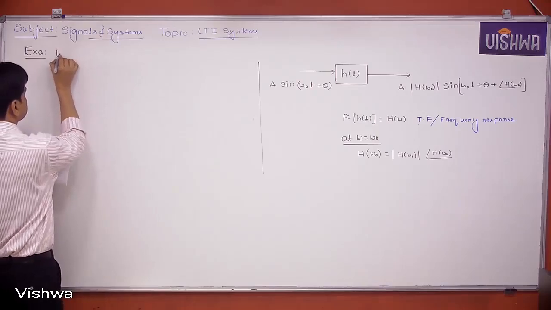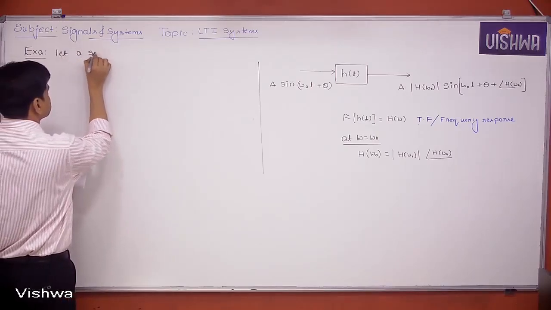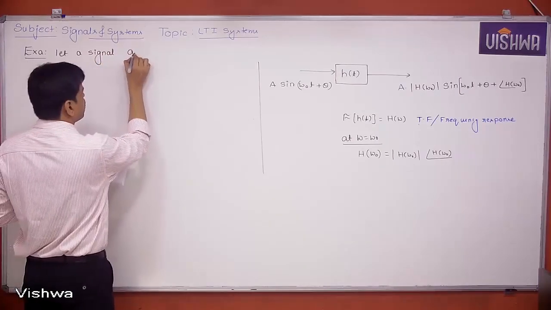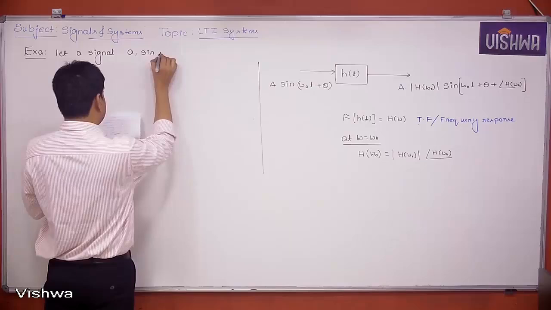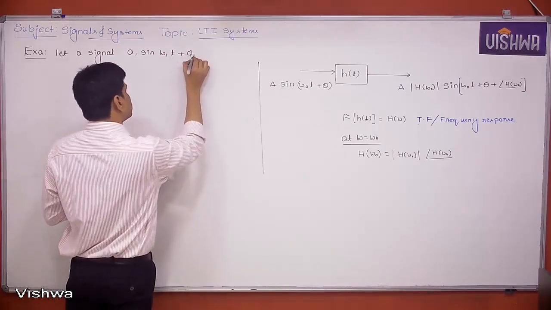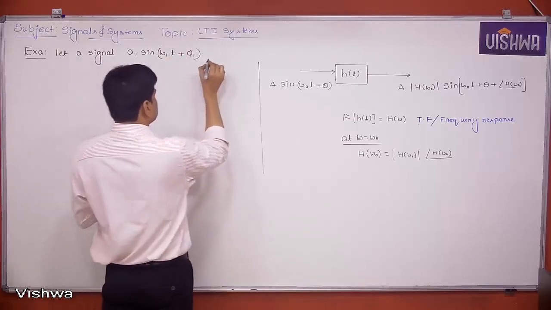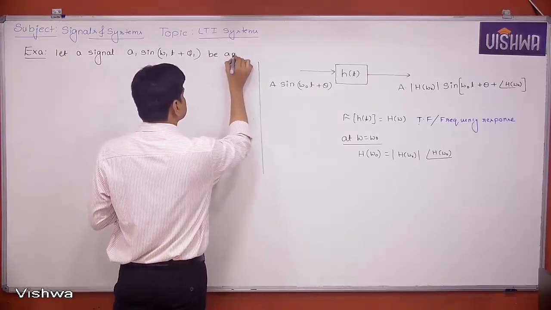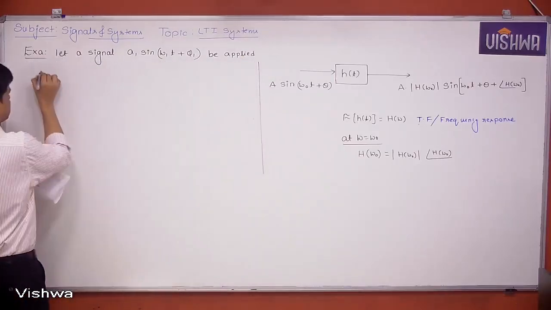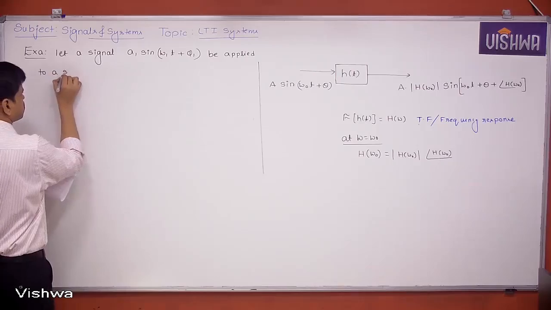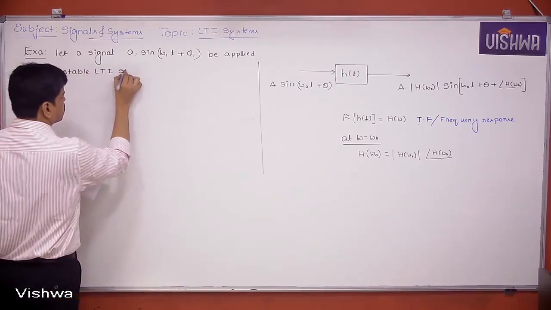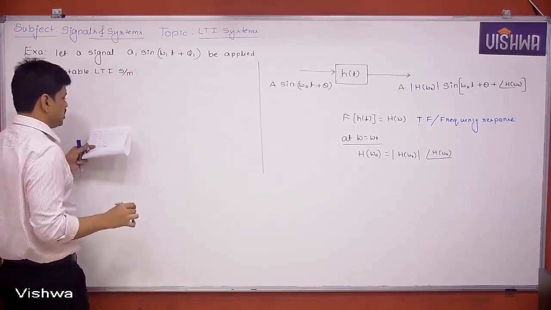Let a signal A1 sine of omega 1 t plus phi 1 be applied to a stable LTI system.